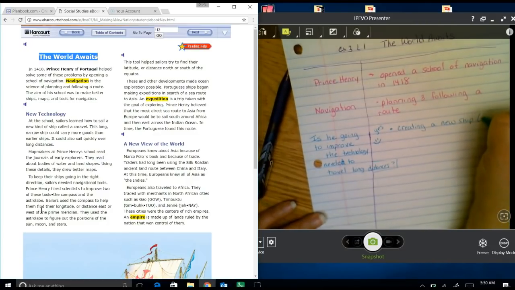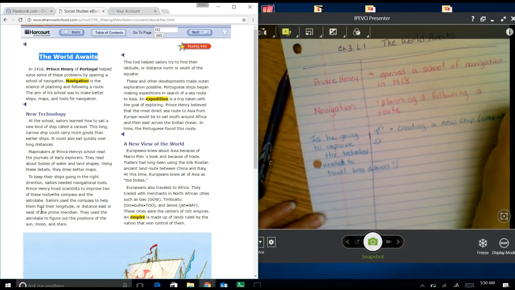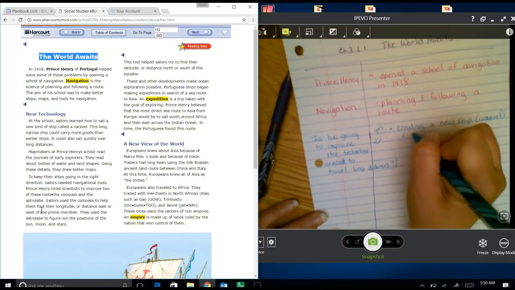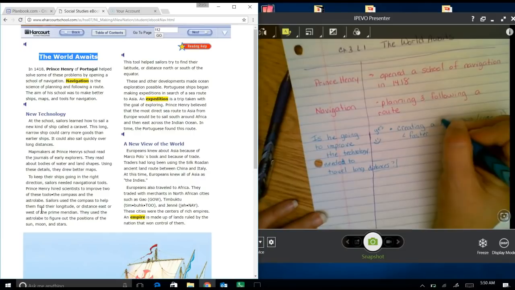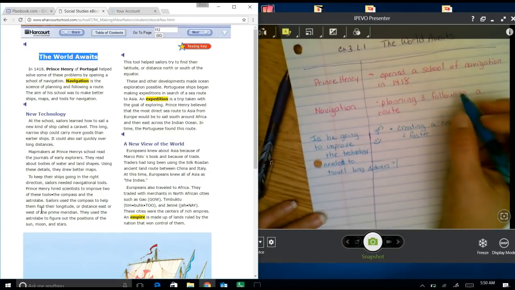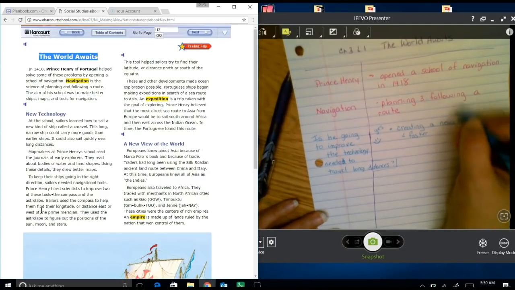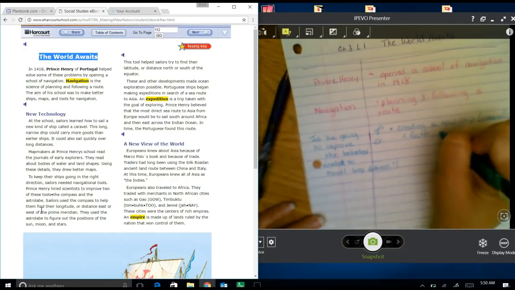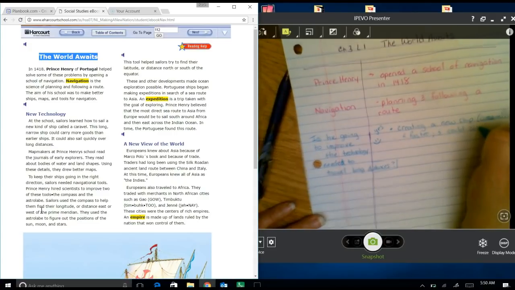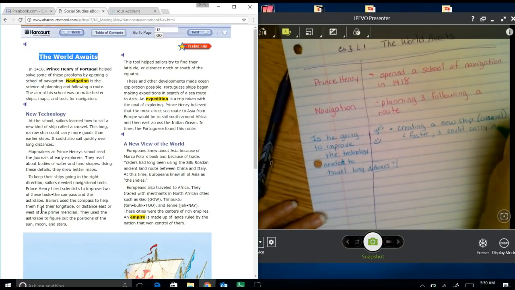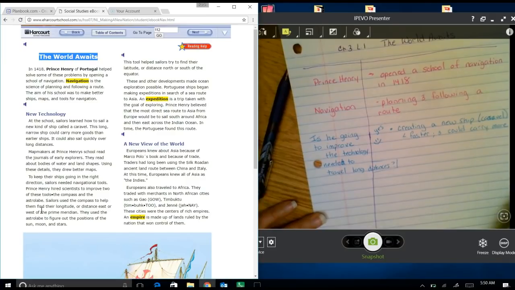It was called the Caravel. Okay, that ship was faster and could carry more. It's a huge deal if you're trying to bring goods back to make money.